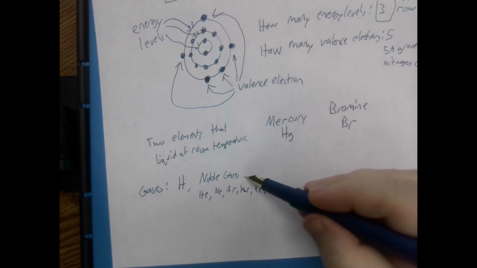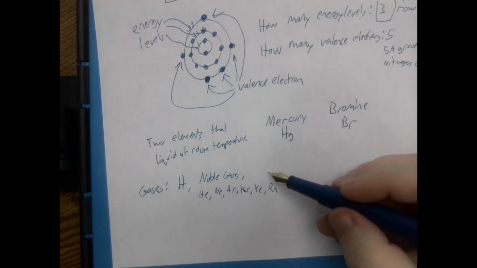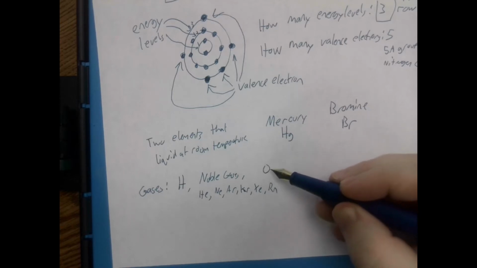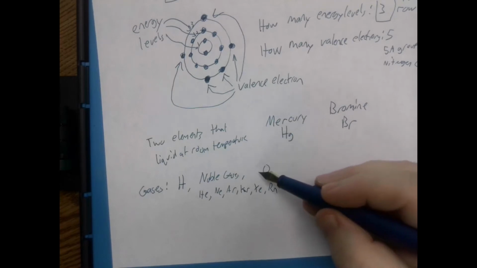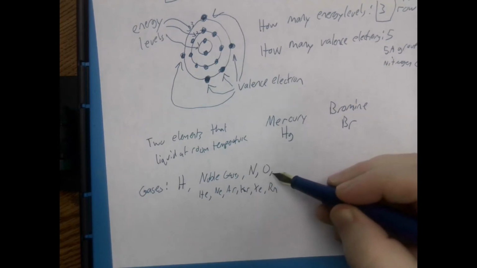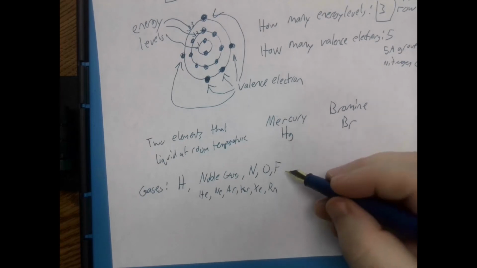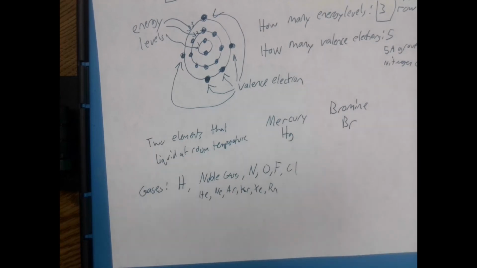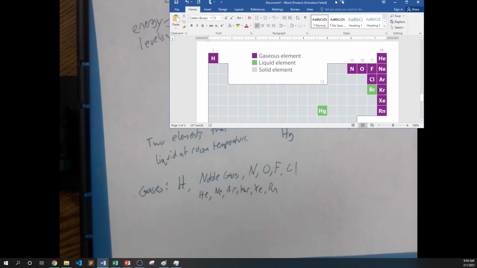And then what other ones? Oxygen, nitrogen, fluorine, and chlorine. Carbon is your pencil lead, so that's a solid.